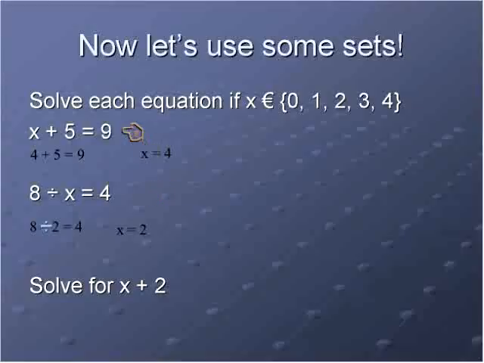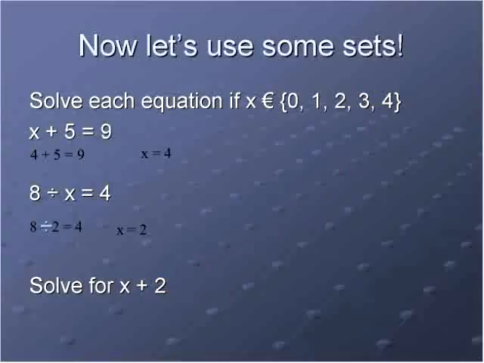For both of these questions, it gives us a set and says, I want you to use these numbers and try to actually find the solution. For our last question, it says solve for x plus 2. So what we would have to do for that question is plug in 0 and 1 and 2 and 3 and 4.